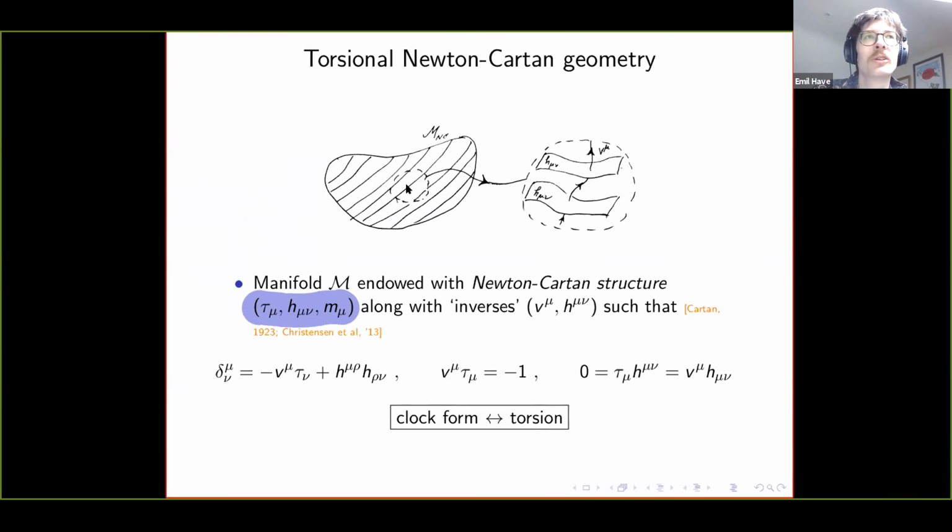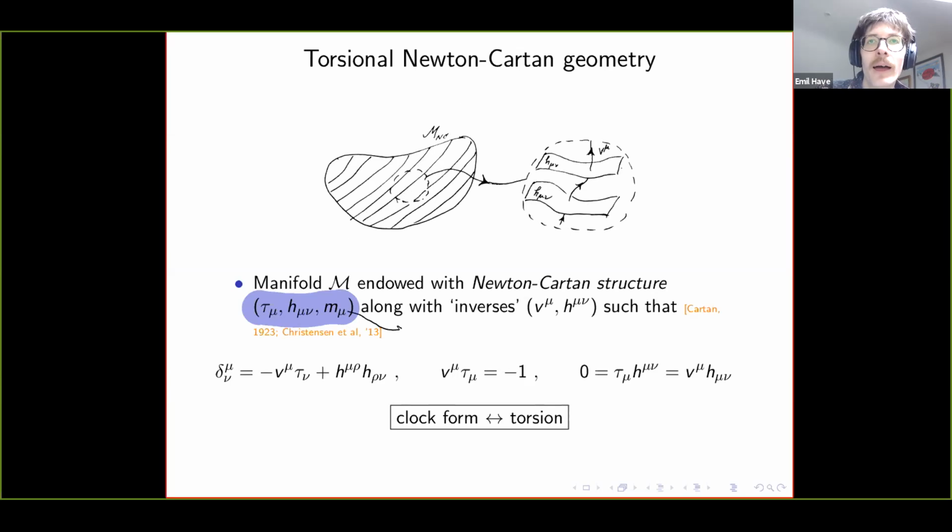So similar to the bread we had on the previous page, a Newton-Cartan geometry usually has a slicing like this in terms of temporal hypersurfaces. And if we zoom in, the thing that measures the space on each temporal hypersurface is this h_mu nu. The final ingredient is this M field here.